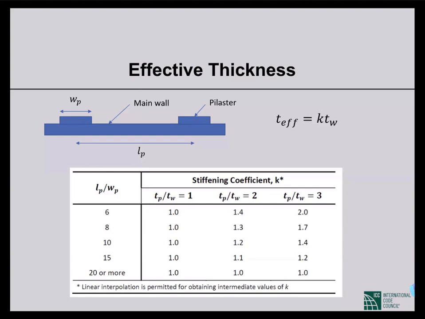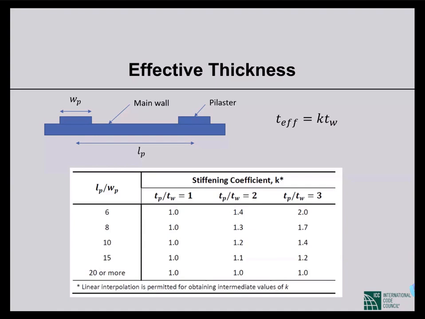So LP by WP and TP by TW, that is TP is the pier width or pilaster width, that is the thickened width of the wall, and TW is the nominal thickness of the wall. So depending on these two ratios, we just multiply the nominal thickness of the wall with a factor K, and that is the effective thickness.